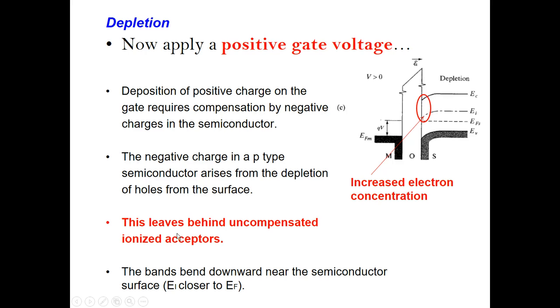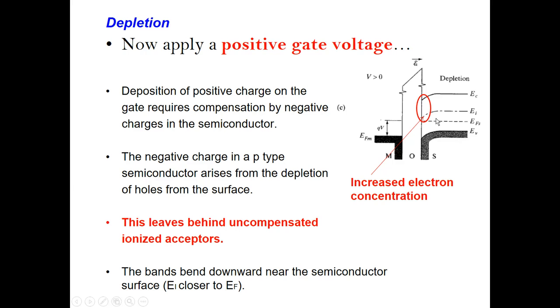So when we apply a positive gate voltage, the depletion of holes will cause uncompensated acceptor ions, which have negative charge, indicating that the bands bend downward near the semiconductor surface.